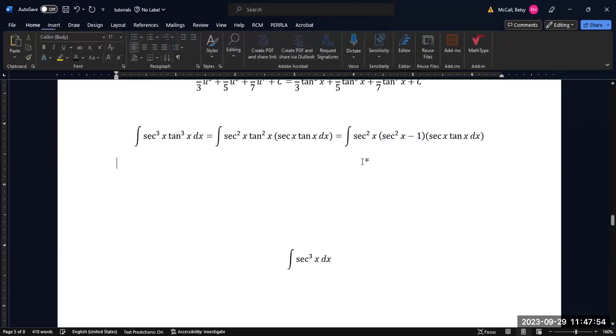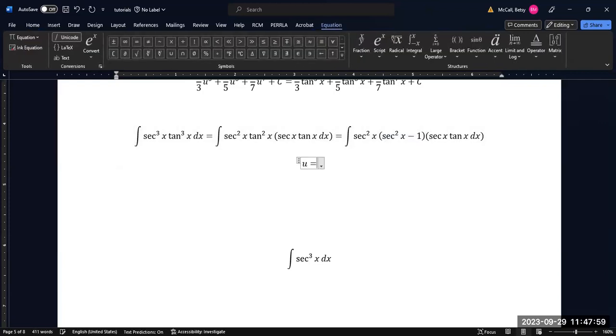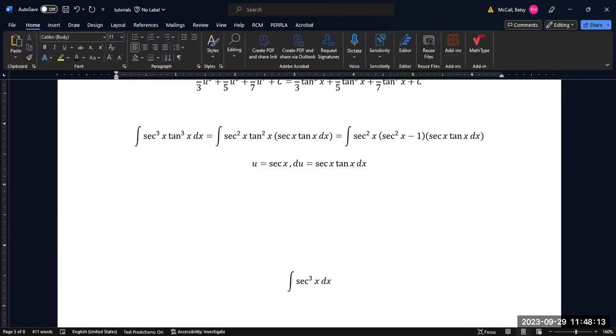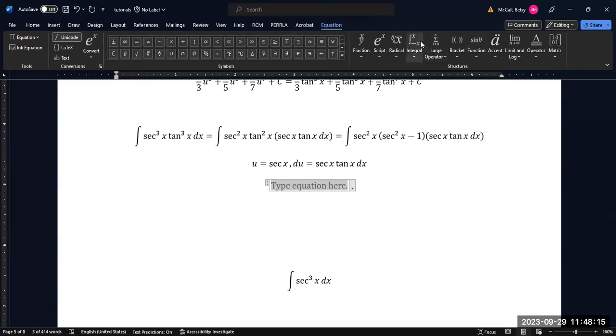And as I said, this was our derivative. So that means that u is secant x and du is going to be secant x tangent x dx.